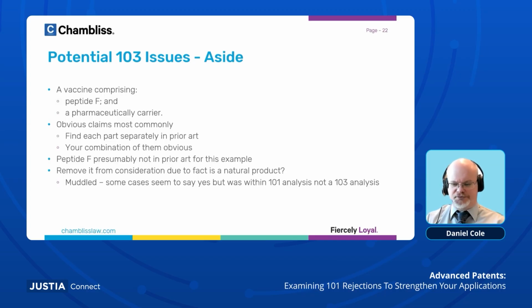Some people, of course, are muddled on whether this is going to work or not. Some cases seem to say yes, but this is within a 101 analysis, not a 103 analysis. So, you're still going to maybe get a 103 rejection if you have this, despite the fact that peptide F is not in the prior art. I say, well, it's a natural product, so we're going to act like it is in the prior art. So, you still might say this is going to be obvious, even in this example.